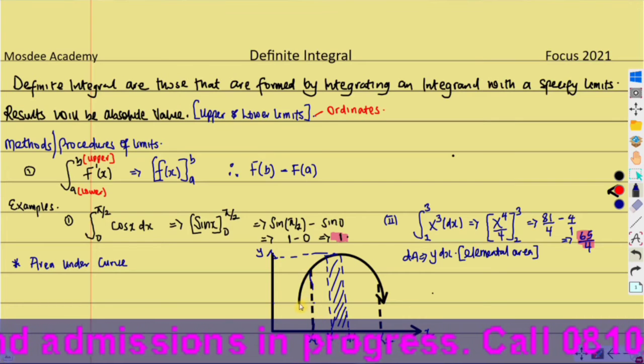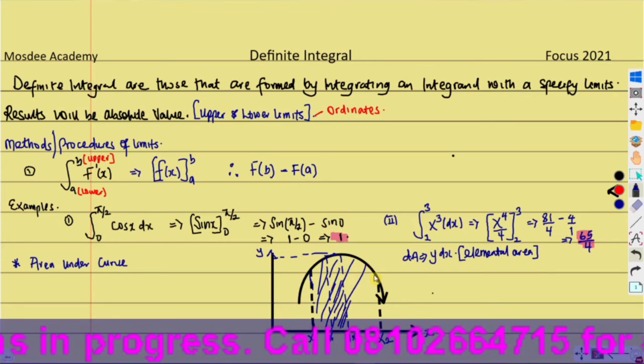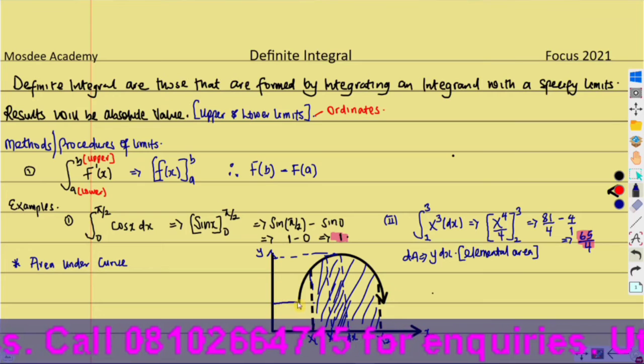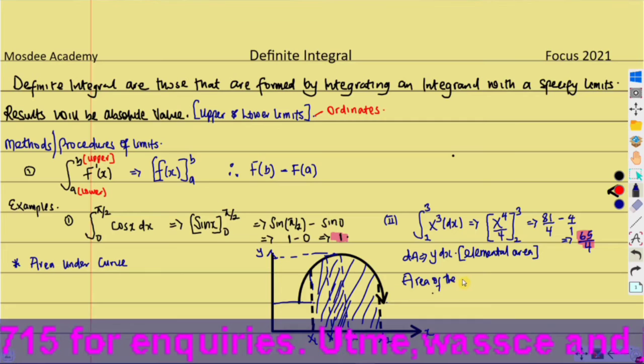If I'm looking for the area under this, which is the total area here, as students can see, from x1 to x2, I can now say the area of the whole shape, the area of the curve, can be given as, because I am just taking it from the point of x1 to x2.